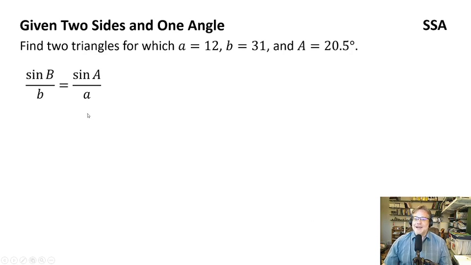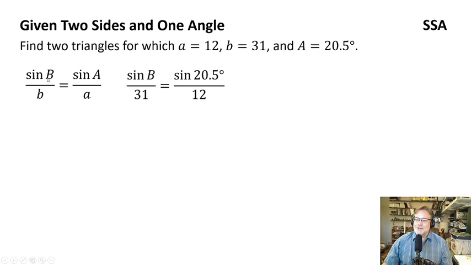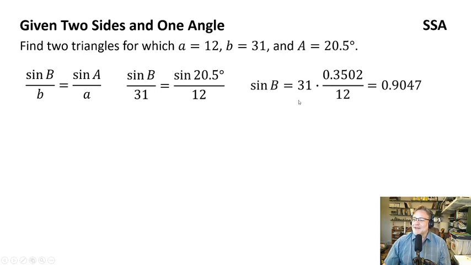Without even drawing it, let's see how this looks with the law of sines. I'm going to choose sine of B over b and sine of A over a. Notice there's no reference here to side c or angle C, so I'm going to avoid that part of the law of sines. I'm just going to deal with b's and a's. As it turns out, I've got everything but the value for this angle B. So I can solve for sine of B, and I get this value here.